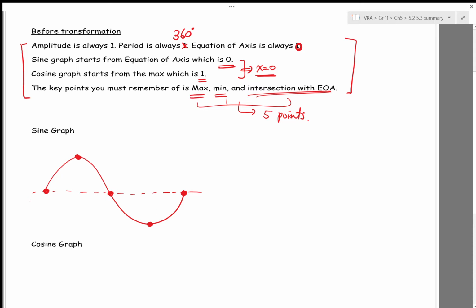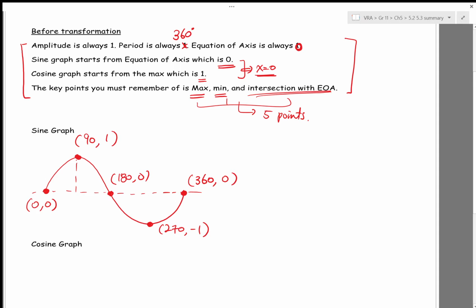The first is the starting point. It starts from 0, 0, and the max is at 90 degrees, 0, and it comes back down to 180, 0. Sorry, the max is at 1, not 0. And the minimum is at 270, -1, and then the ending point is 360, 0.